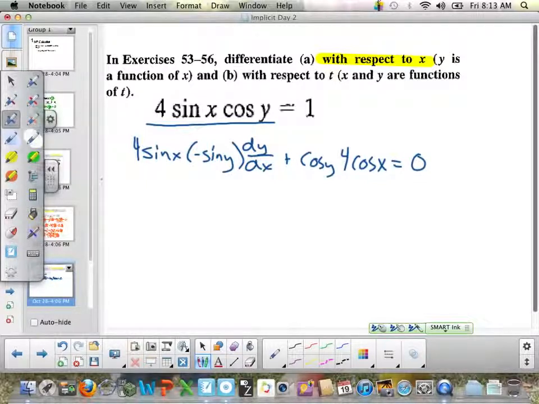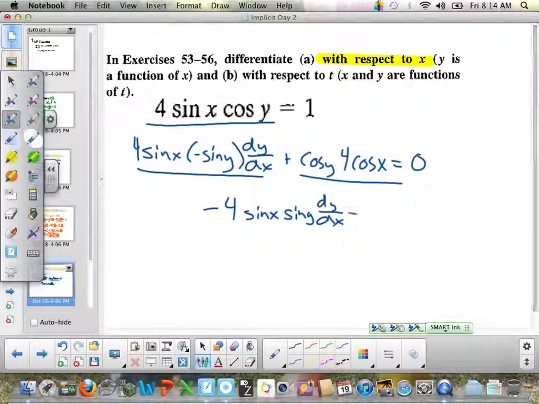All right, so we have our dy dx's right here. We'll move this over. So we got negative 4 sine x sine y dy dx equals negative 4 cosine x cosine y.